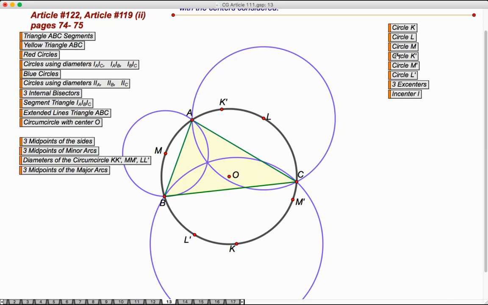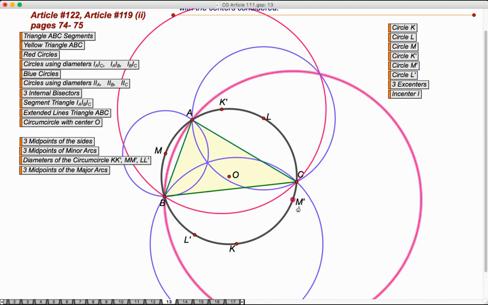Next, construct circle K prime. What would be that? That circle K prime will be this one, and the radius will be K prime C and K prime B. Okay? And then construct circle M prime.